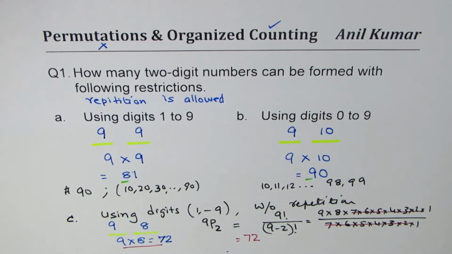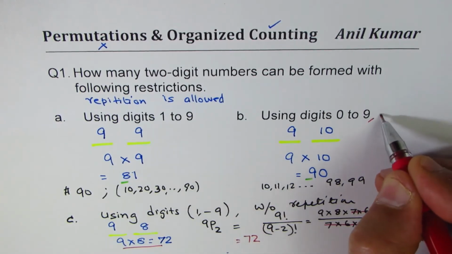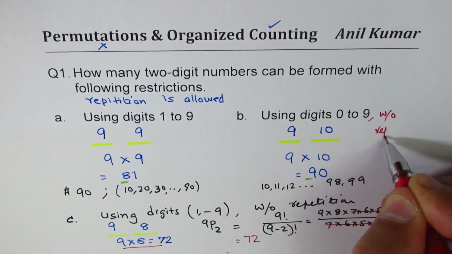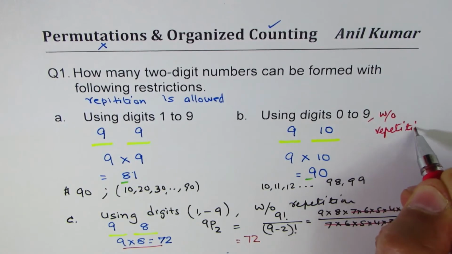So we can use permutations whenever repetition is not allowed, and we'll use counting principles when repetition is allowed. Counting principles can be used here also, to be very frank. So counting principles in general can be used anywhere, but permutations can be used when repetition is not allowed, right? So as an exercise, you can do part B without repetition. Is it okay?